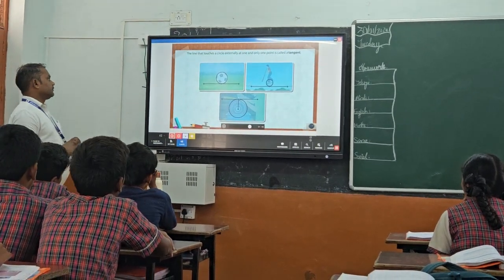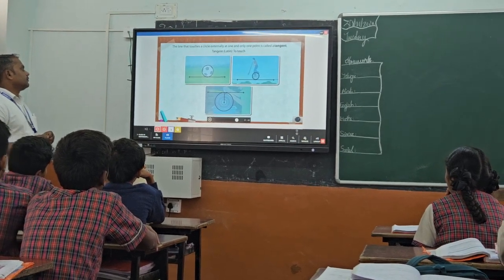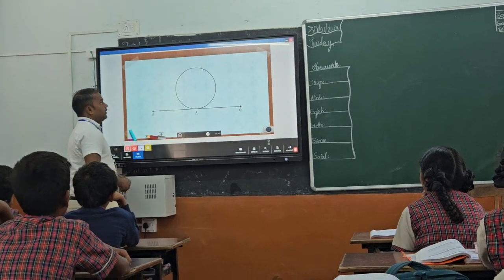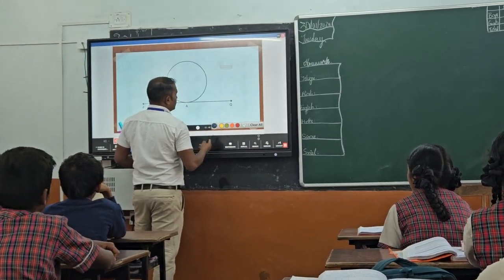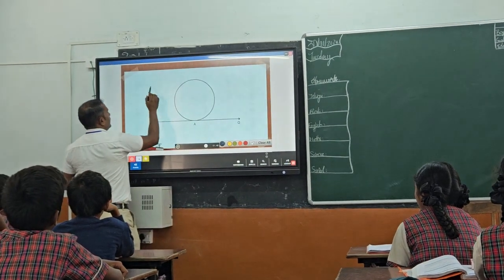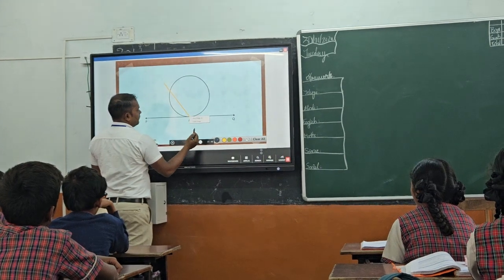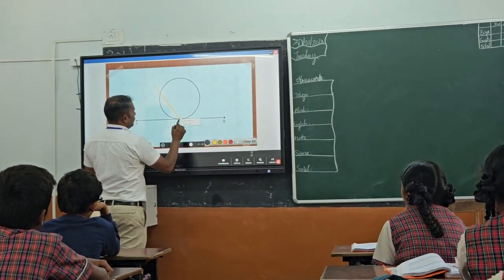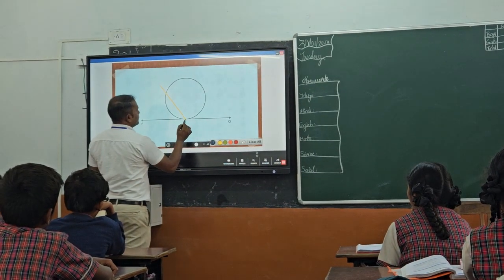The word tangent comes from the Latin word tangere, which means to touch. Okay, what is the word here? Tangent. So whenever a circle touches a line at only one point, now here the point is there, this line is touched by this circle at this point.